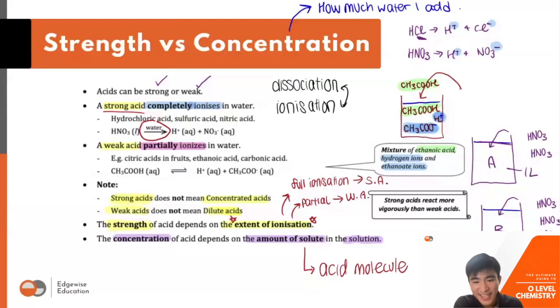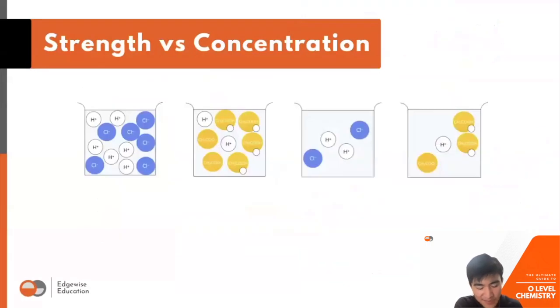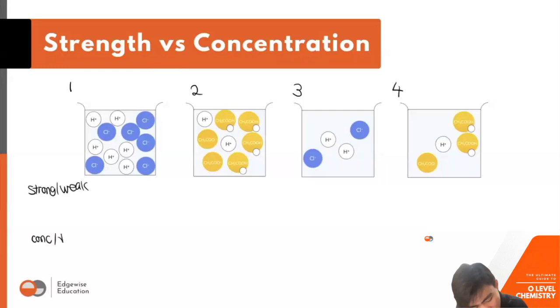Now, next I'm going to show you a picture. Tell me, for 1, 2, 3, 4, is it a strong or weak acid, and is it concentrated or dilute?